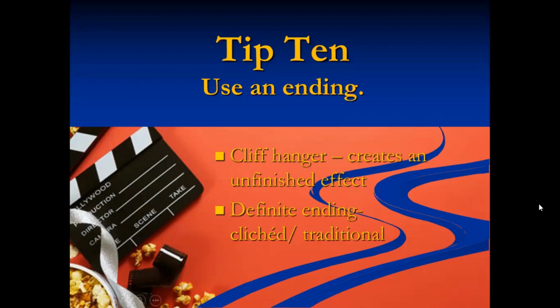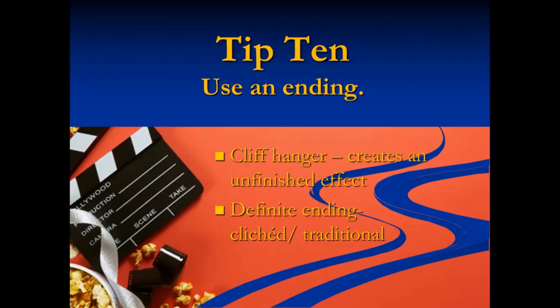Okay? The second kind of ending, and there are more endings, so we're only looking at two, would be the definite ending. And this particular ending is a cliched ending because it's something that we've seen over and over again. And we can also call this the traditional ending.